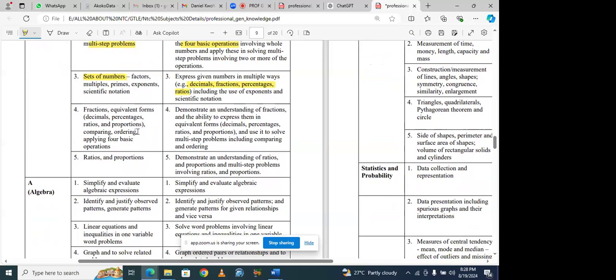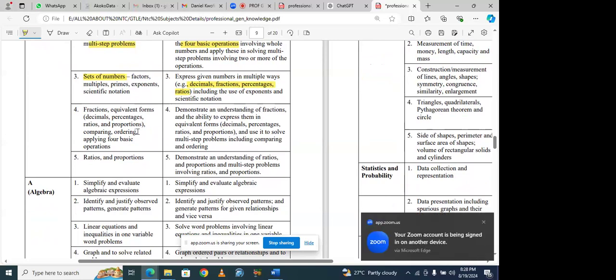Next, we would also be looking at fractions in more detail. Under fractions, we'll be looking at converting fractions into equivalent forms: decimals, percentages, ratios, proportions.